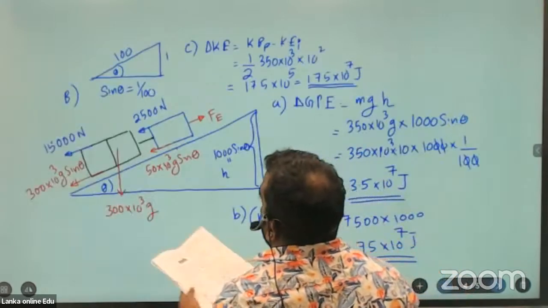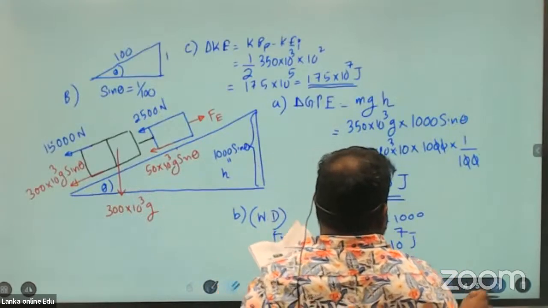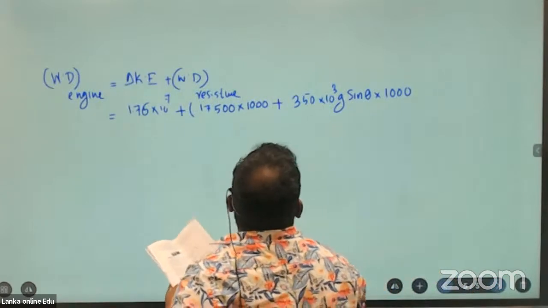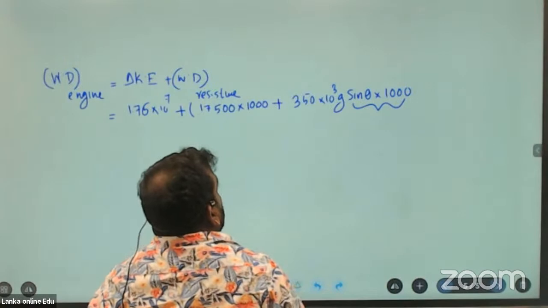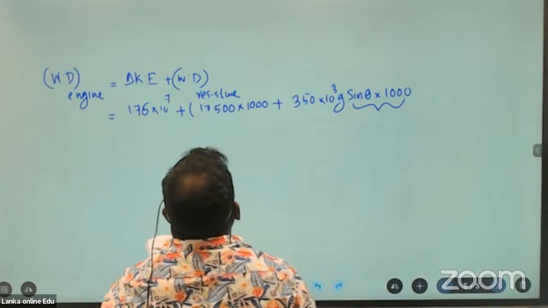Turn back and look: 350 × 10^3 g. What is 1000 sin θ? 1000 sin θ is going to be the height.